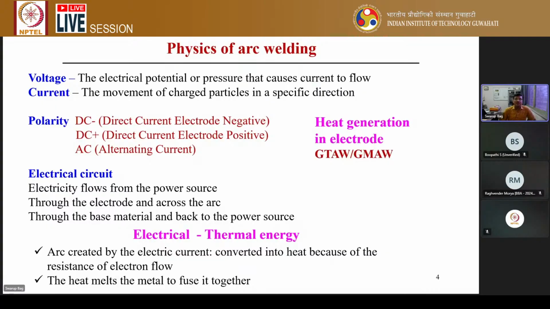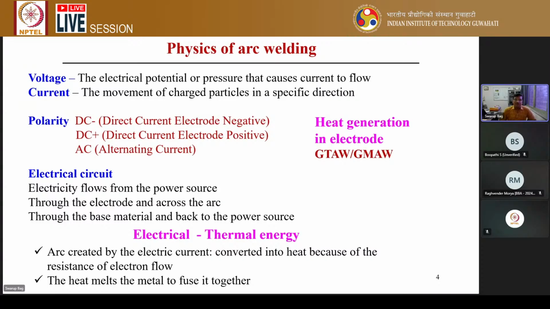Now, when you are using a consumable electrode, you definitely want to melt the electrode material. So in that case, you use DC electrode positive, that means direct current electrode positive. The workpiece will be negative, because your objective is to melt the electrode material in the case of a consumable electrode, for example, the gas metal arc welding process.